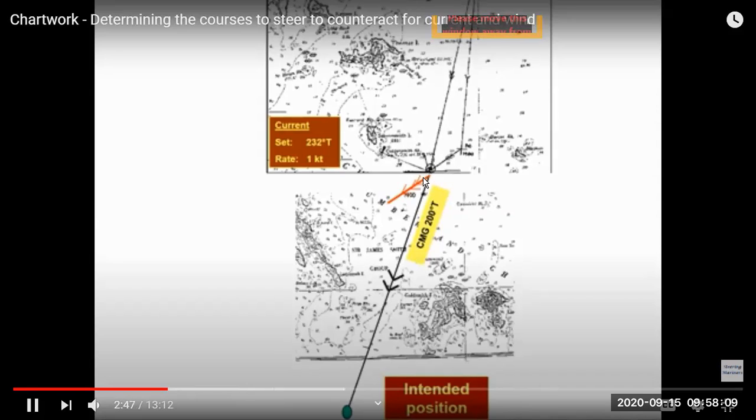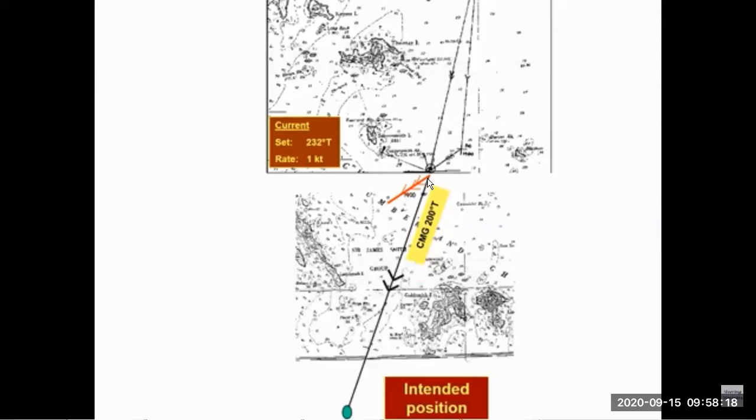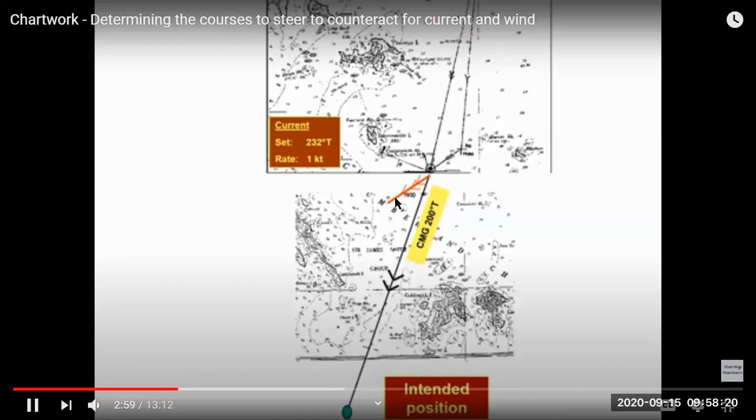So our current here is 232 degrees. That is 3 arrows with a set of 232 degrees at 1 knot.